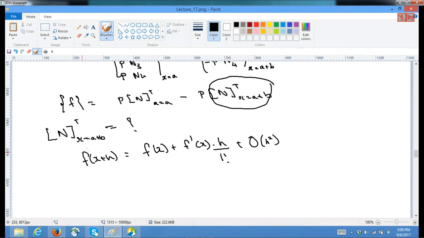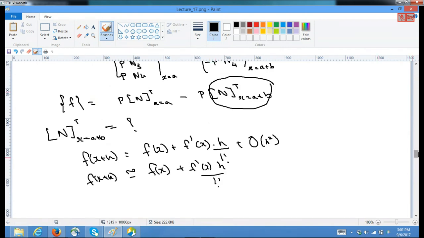So we can say that we can approximate f of x plus h as f of x plus f dash x into h by 1 factorial.